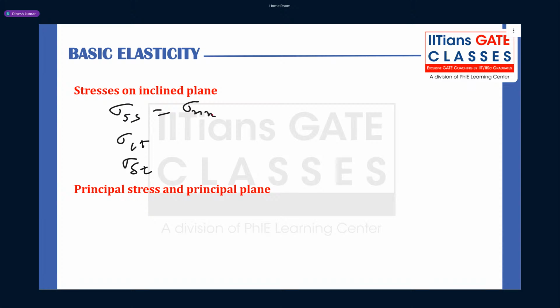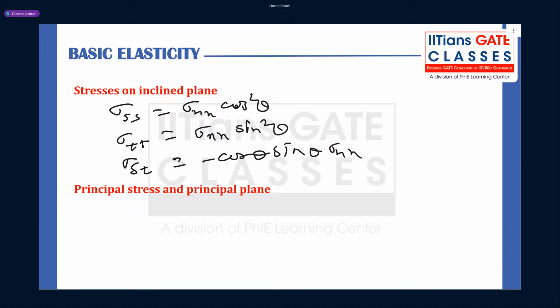So it is sigma xx cos square theta. Then sigma tt will be sigma xx sine square theta, and sigma st will be minus cos theta sine theta sigma xx. So these are the stresses on an inclined plane in case of a uniaxial stress system or uniaxial loading.